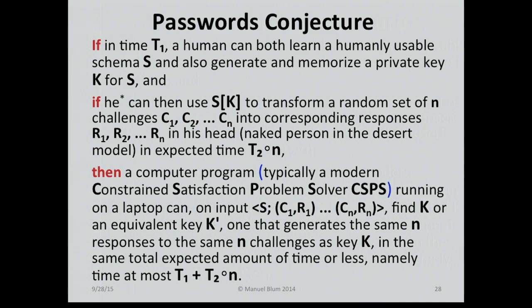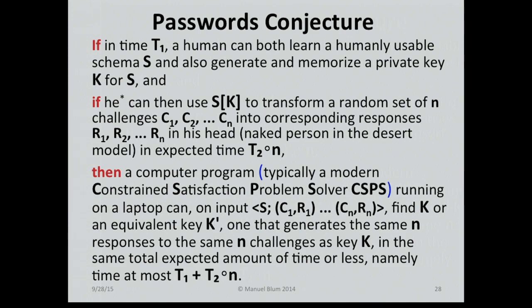So here's a precise password conjecture. If in time t1, a human can both learn a humanly usable schema S and also generate and memorize a private key for S, so that's because you need both, right? You need the schema and you need the key to be able to get passwords. It takes you a certain amount of time to memorize that. That's time t1.